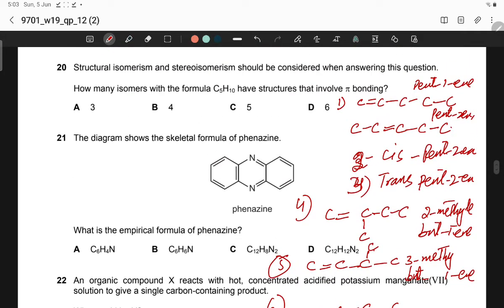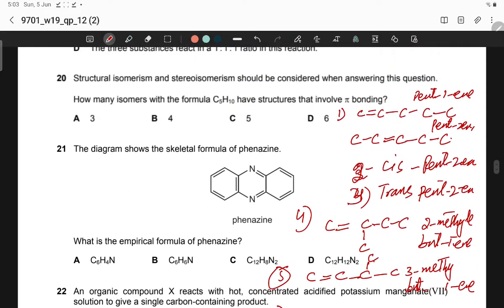So 1, 2, 3, 4, 5, 6. So there are 6 isomers. So D is correct option.